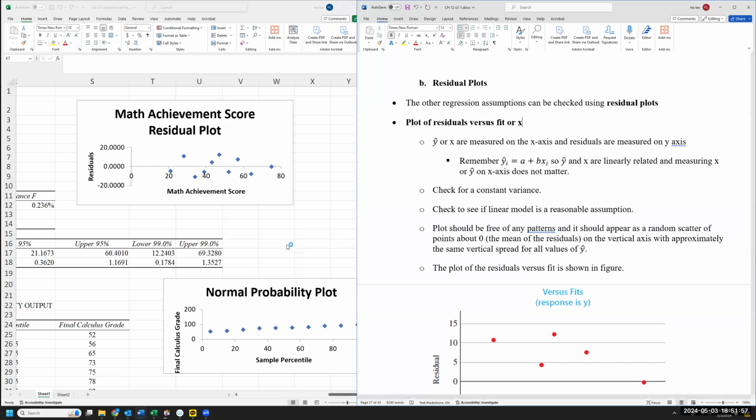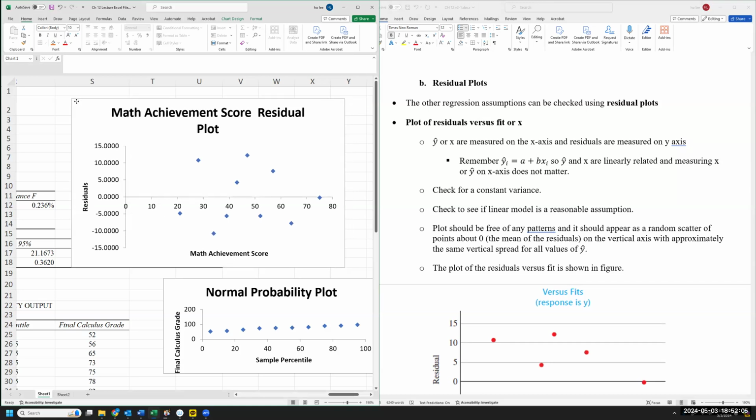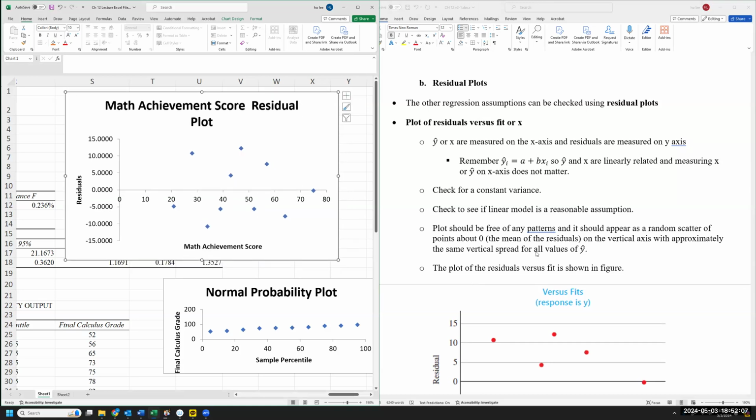Because the residual plot that Excel spits out is right here, and it's different than the one that's actually discussed in our book. It's different in the sense that in the book you put the fitted y on the x-axis, while Excel uses x on the x-axis.